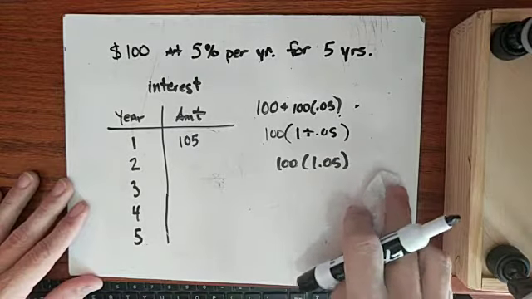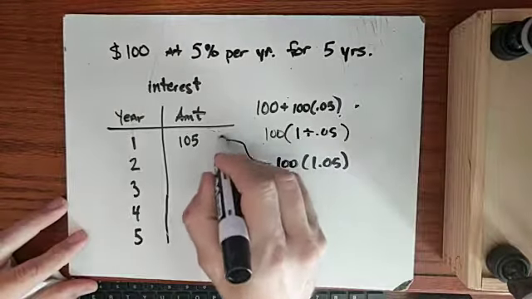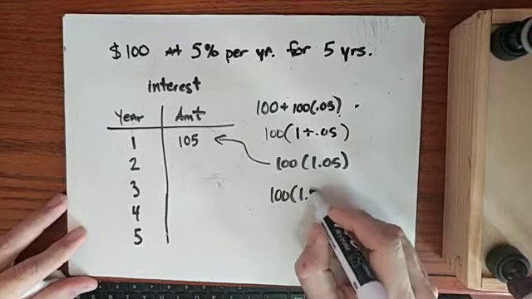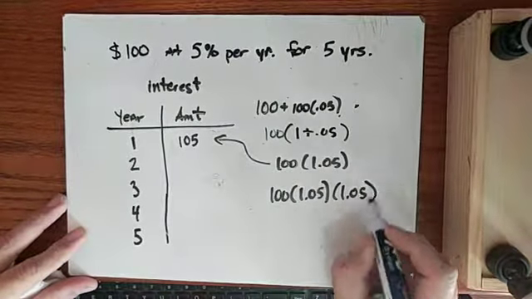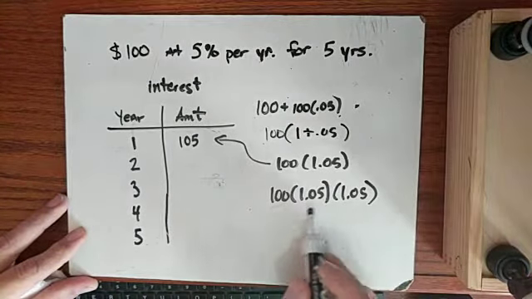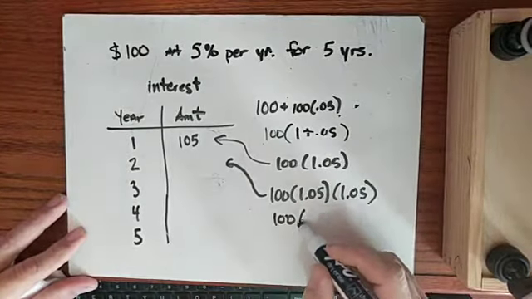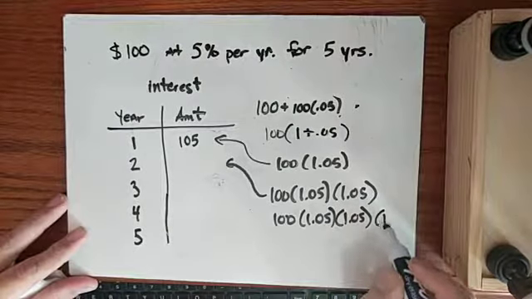Well, if we did the next amount, okay, so this is all for year 1. If we did the next amount, we'd have that amount of money times another 105%. We'd have 100% of this plus 5% of this. That would be for year 2. And then for year 3, we'd have 105% of the previous year's amount.